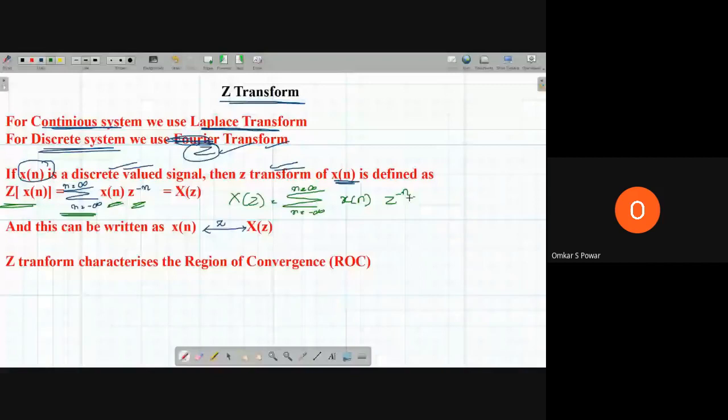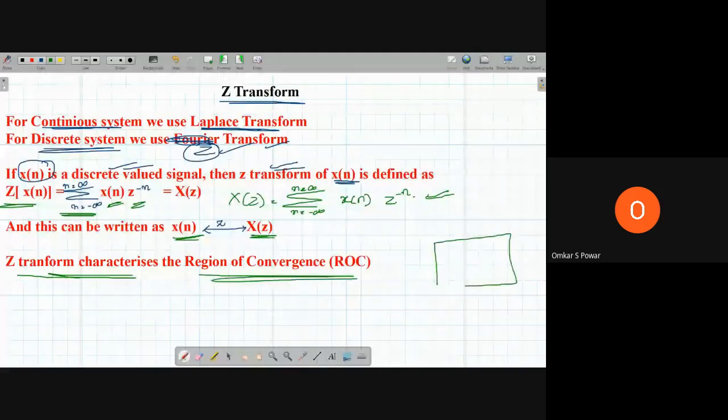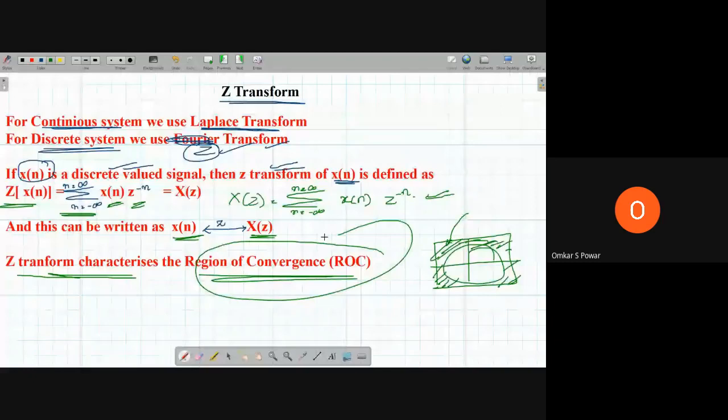The Z transform of x of n is X of z, and the Z transform characterizes the region of convergence. As I told you, if you plot the z plane, wherever this Z transform is finite, that region is known as the region of convergence. If you don't understand this exactly, the poles, zeros and ROC, you'll understand when we solve problems.